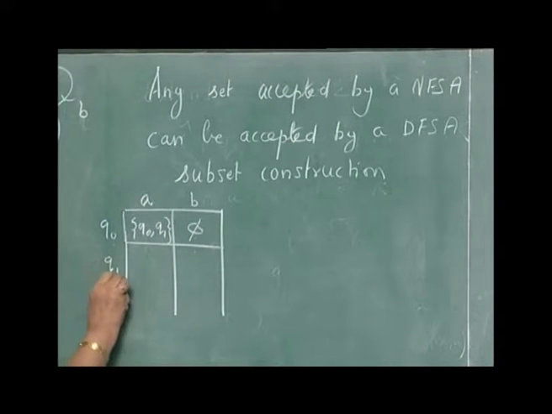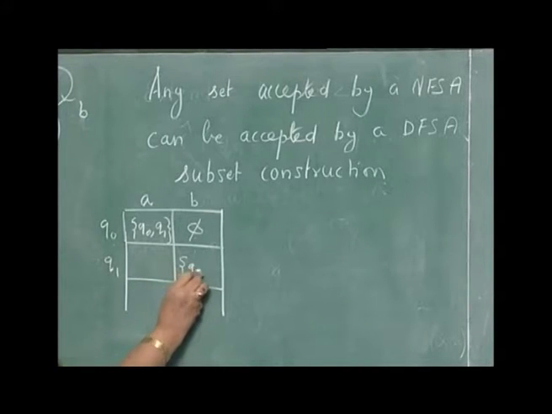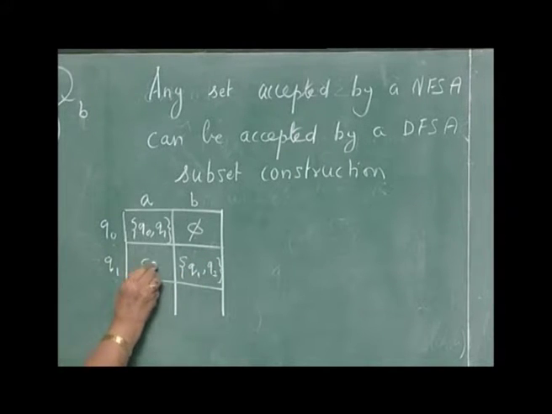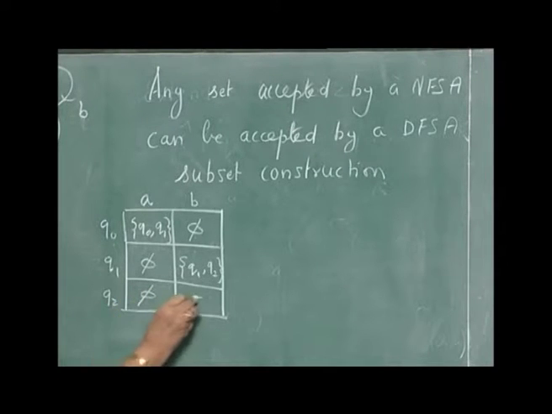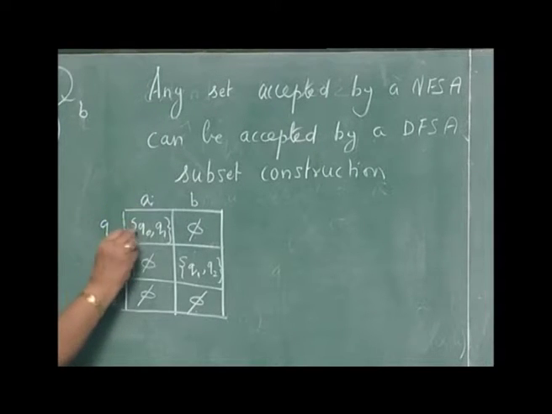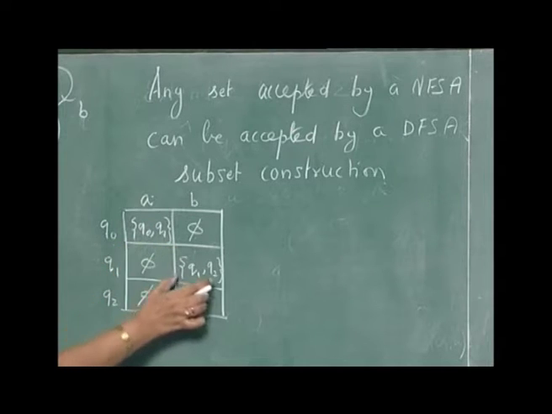Then from q1, if you read a b, you go to q1 or q2. You cannot read an a. From q2, you cannot read anything. So, the state table for a non-deterministic automaton will be like this. You see that from q naught, if you read an a, you can go to q naught and q1, that is written as a set like this, because the mapping is from K cross Sigma into finite subsets of K.